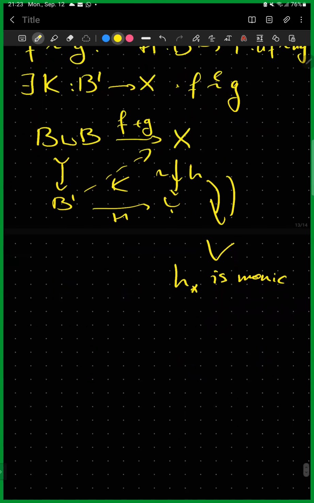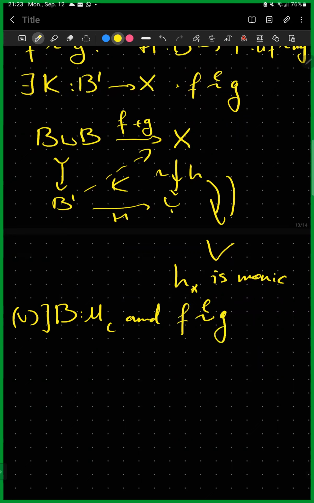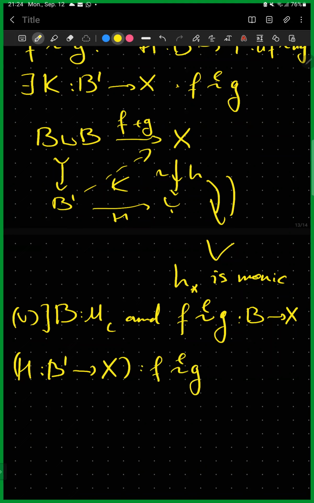Okay, now for the final part of this proposition. So assume that B is a cofibrant object, and we have two left homotopic maps, and we have a left homotopy from B prime to X. Then, first of all, we see that the map from B to B prime, I0, or I1 for that matter, is a trivial cofibration.